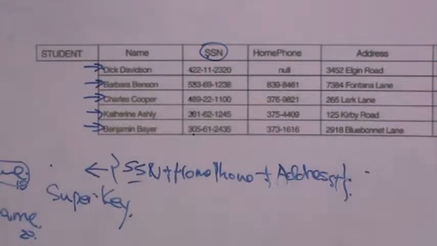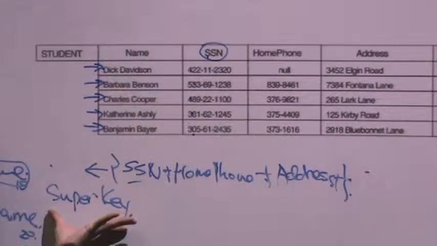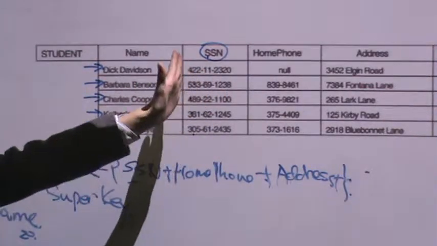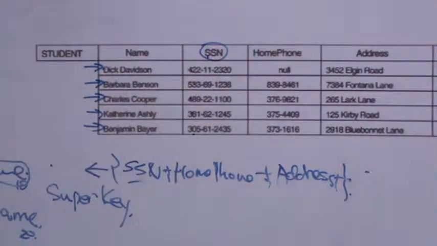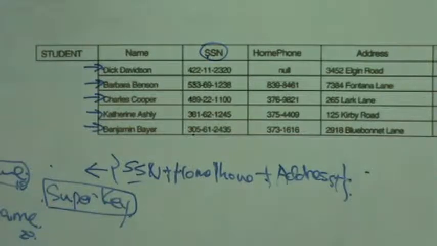Okay? So first you can identify the super key. The reason I started from the super key is that in this case it's obvious: everybody can imagine the social security number is unique, so it can be a key. However, in general, it's not always easy to identify such a key attribute, so we start from the general case, the super key.